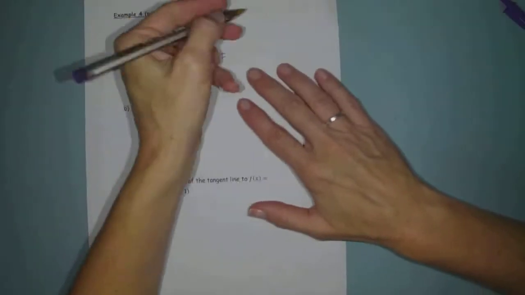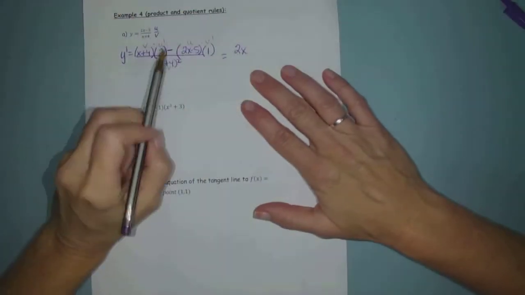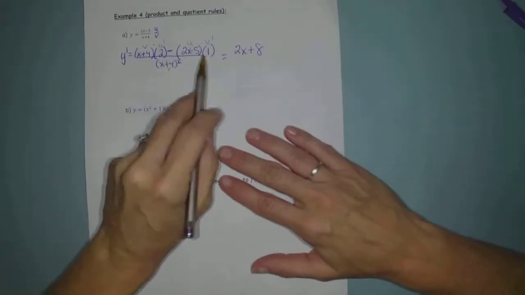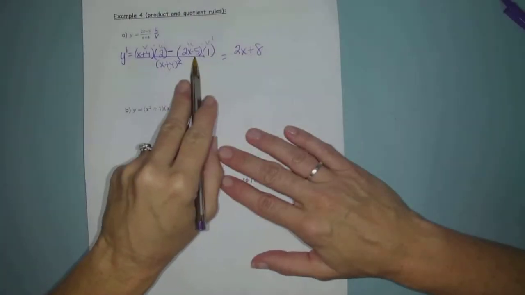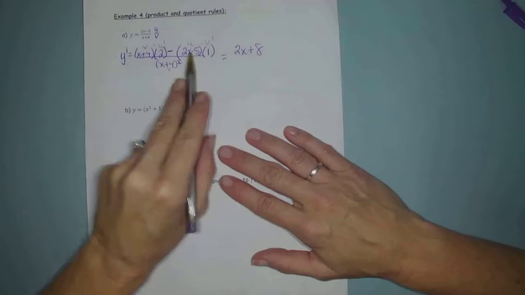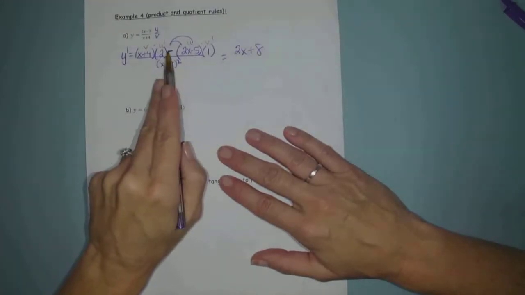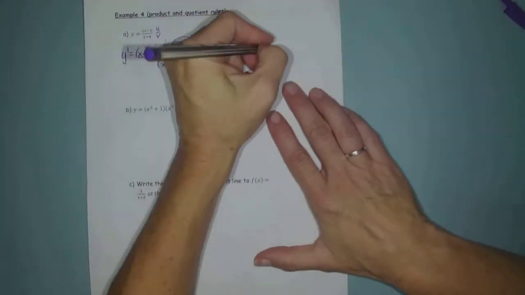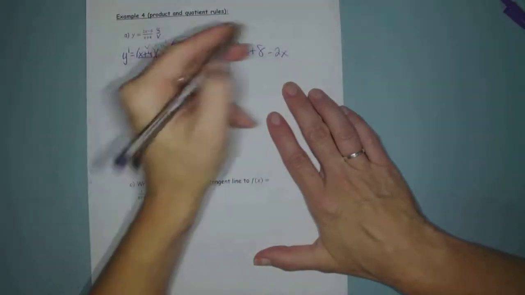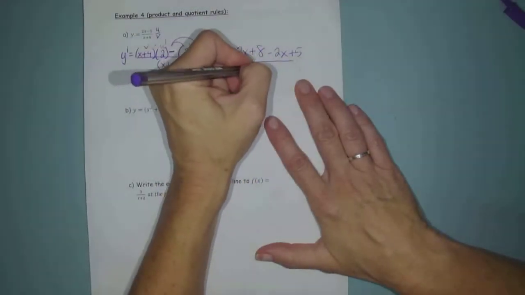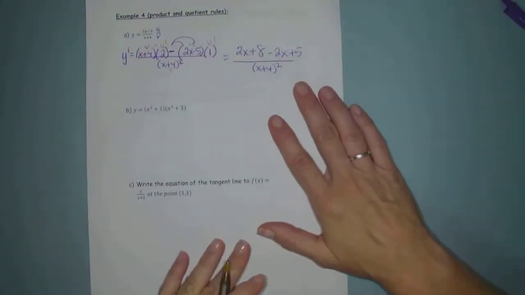So 2 times x is 2x, and 2 times 4 is 8, so 2x plus 8. And then 1 times 2x minus 5 is going to be 2x minus 5, but I do need to distribute this negative through. So I'll make this negative 2x and positive 5. And then this is all over (x plus 4) squared.